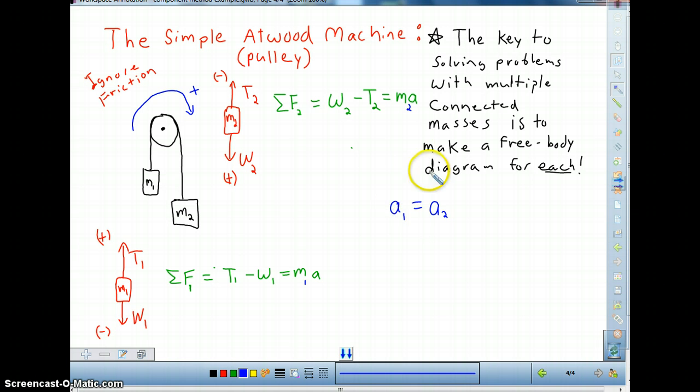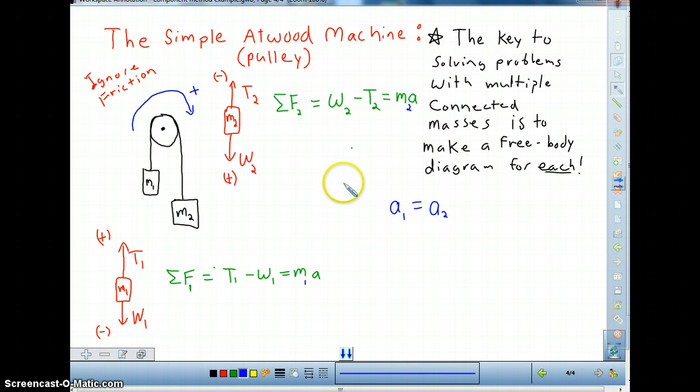Secondly, and this is just as important, this feature hinges on the fact that we're told to ignore friction. There probably won't be any time soon where we have an Atwood machine where we don't ignore friction, so we'll only go over this scenario right now. If it says ignore friction in the pulley, that means the pulley itself on its axle has no significant friction, and the rope going over the pulley creates no significant friction as well.